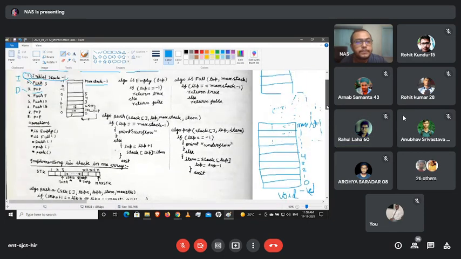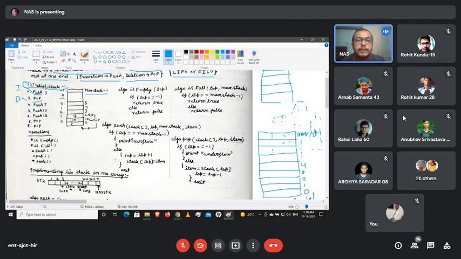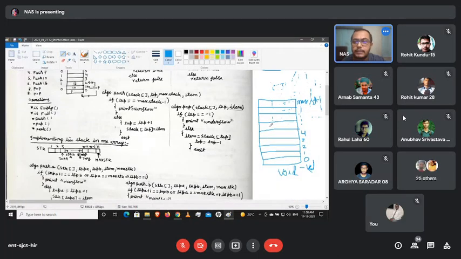So for the first operation, we can easily do an insertion because there is empty space within the stack. The first operation is push 3. Obviously, 3 will be pushed into the stack, so 3 will be here, and the pointer will rise up here.